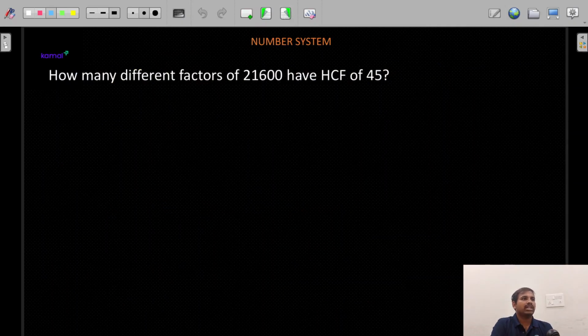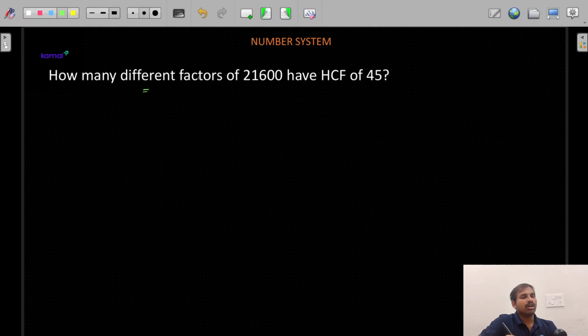Okay, let us move to the next question. How many different factors of 21,600 have the highest common factor of 45? So here, first I prime factorize 21,600. Here also they are mentioning different factors.